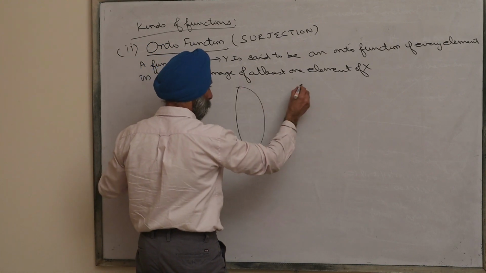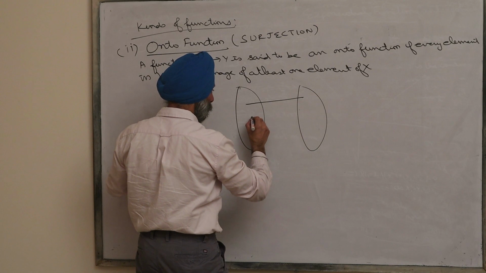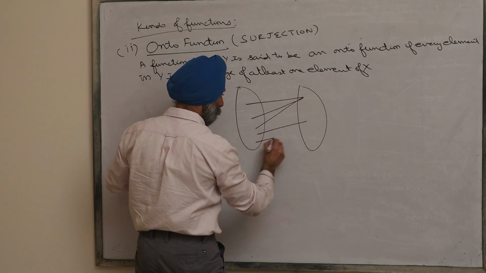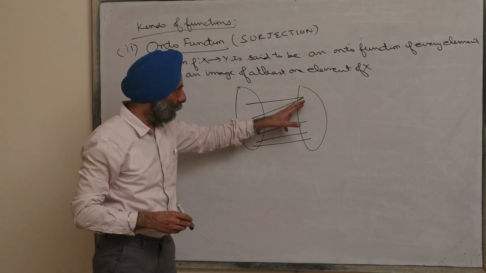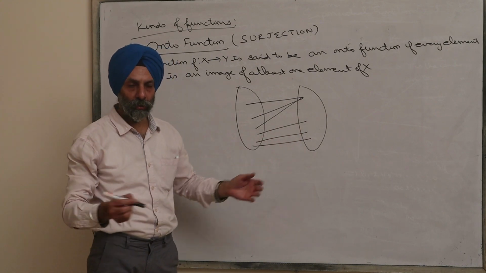So what do you mean by that? Let's say it is like this. So can we say that if the codomain is same as the range, then the function is onto?